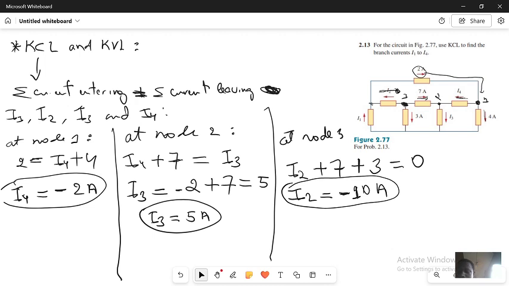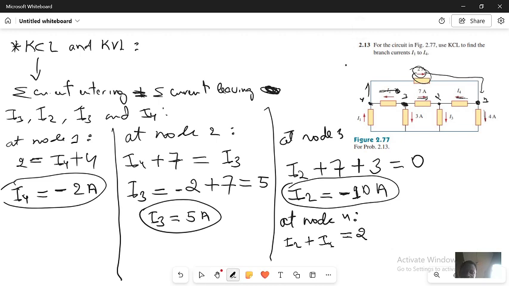So when we come to node 4, I will have this current entering, I2, so I will have I2 plus this current entering, I1, plus I1 is going to be equal to this current leaving from this node, equal 2.